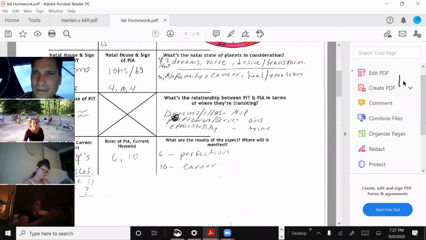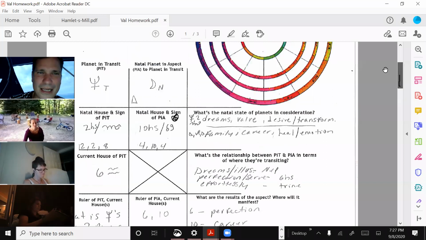We're saying this is the transit going on: Neptune is trining your natal moon. And then we're saying what was up with Neptune when you were born. Neptune was about channeling spiritual energy and maybe knowing that that's an asset that you have. You're a medium.